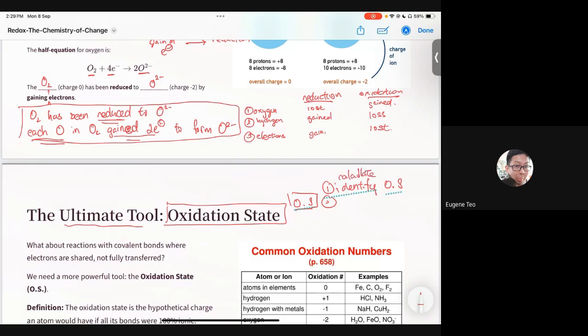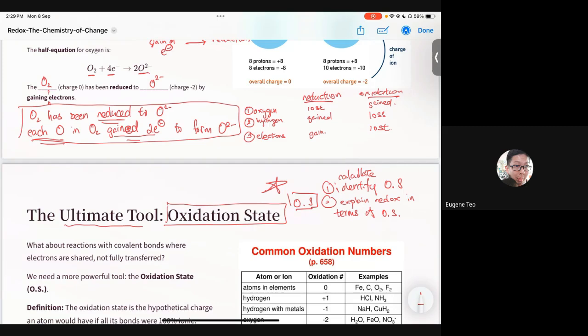And then the next part is we're going to go through how to explain redox in terms of oxidation state. Now, can you please put a star here? Oxidation state is one of the most important. If you were to flip through a PYS, a lot of questions always ask about oxidation state.